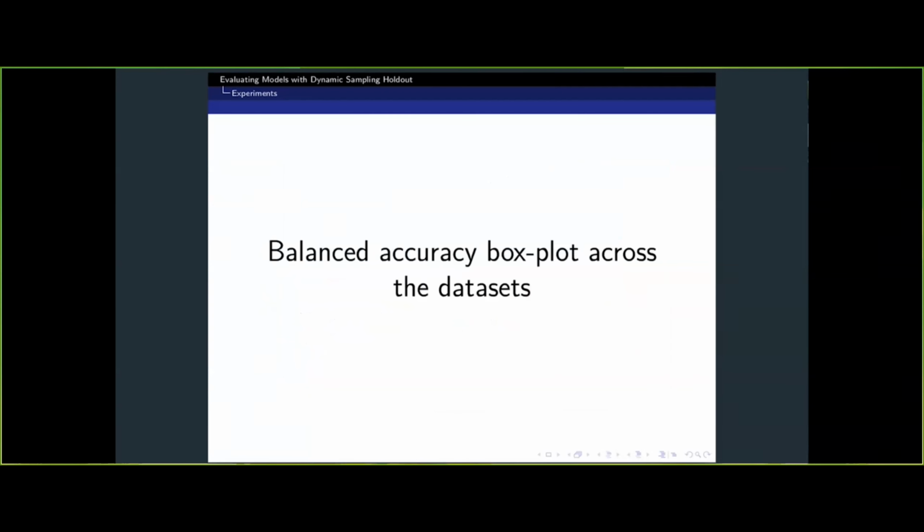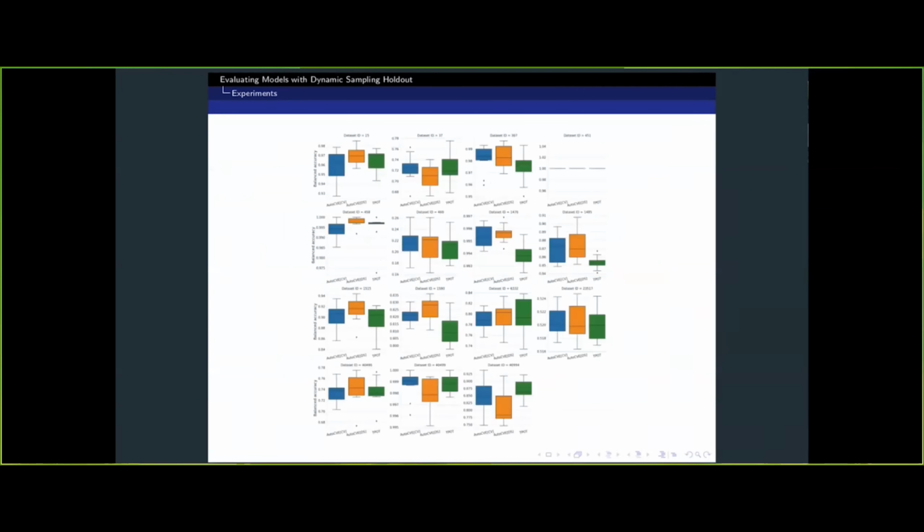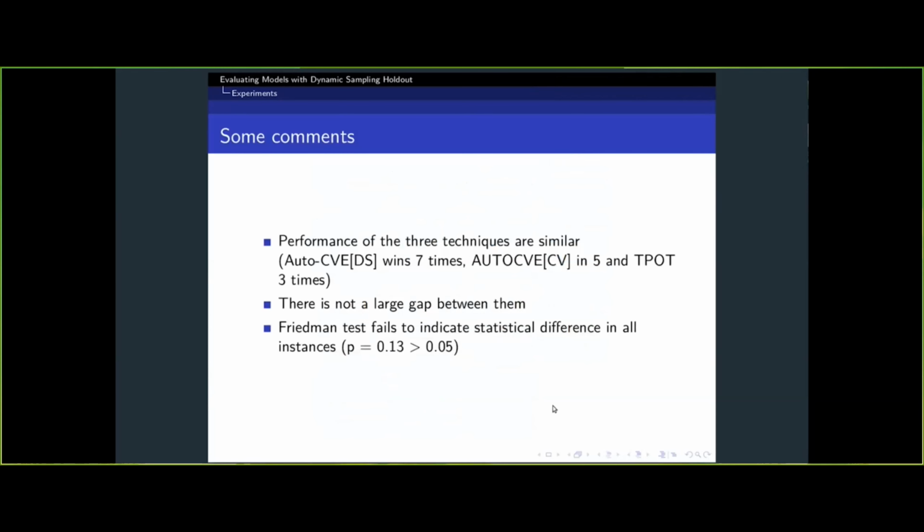Now, looking at the performance results, here we plot a box plot with the 10 runs of each algorithm in the 15 datasets. What you can see here is that there is no huge difference in any dataset. In fact, the largest difference is here in this dataset, but there is no clear pattern of a better technique across all these datasets.